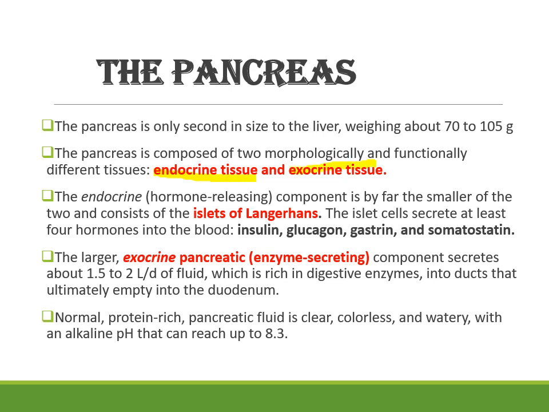When you talk about an endocrine organ or tissue, it is responsible for the release of hormones, right? So inside your pancreas you have your islets of Langerhans. Your islets of Langerhans are responsible for the secretion of hormones such as insulin, glucagon, gastrin, and somatostatin.